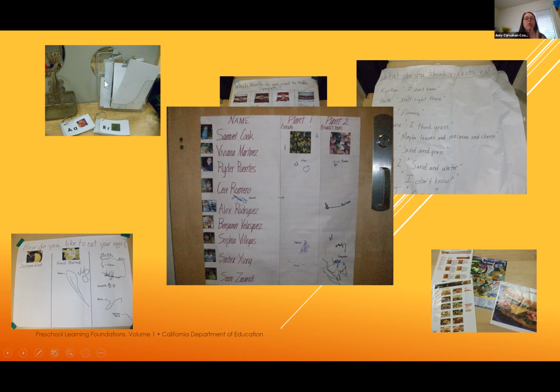I always had clipboards with blank paper, and then a variety of writing tools for them to try out and explore with and see how they work, what they feel like, the different textures, how to use them and manipulate their hand. It's all about the exposure. And so I always had those things there.